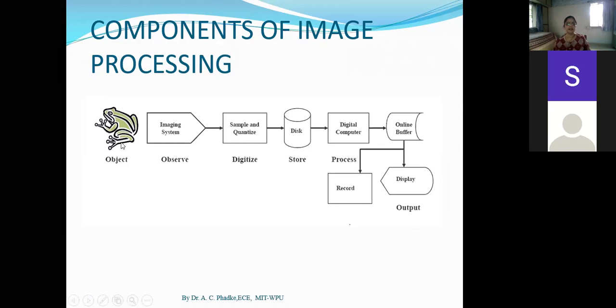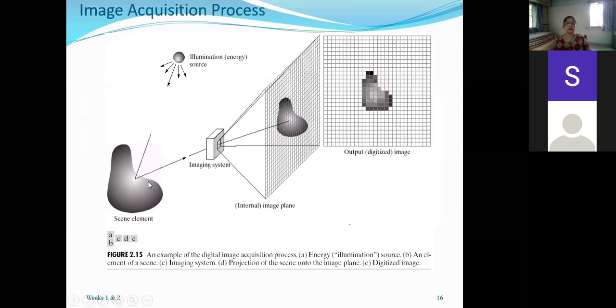The first component of your system is the imaging system. You have some object that is to be captured by your imaging system. Now this object has to be well illuminated. You can have the sun as a natural illumination source. If that light is not sufficient, you can have some artificial system for illuminating the object.